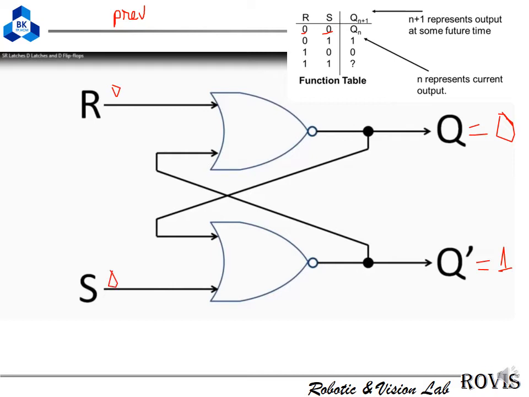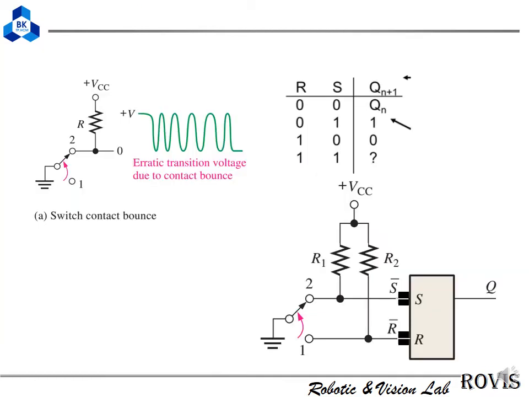Based on this circuit, we will know that the next output is also 0. That means the past and the current are the same, so it doesn't change the state when R becomes 0 and S becomes 0.